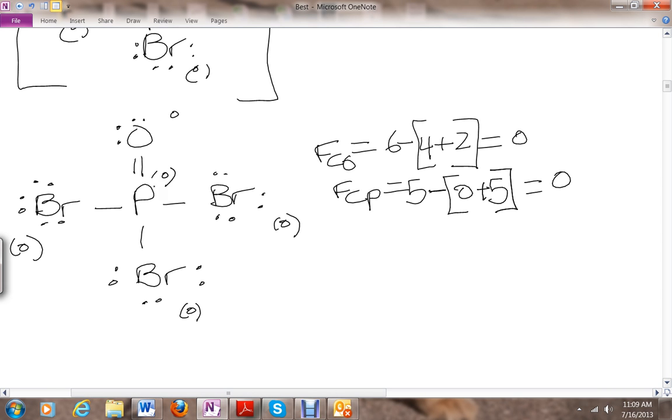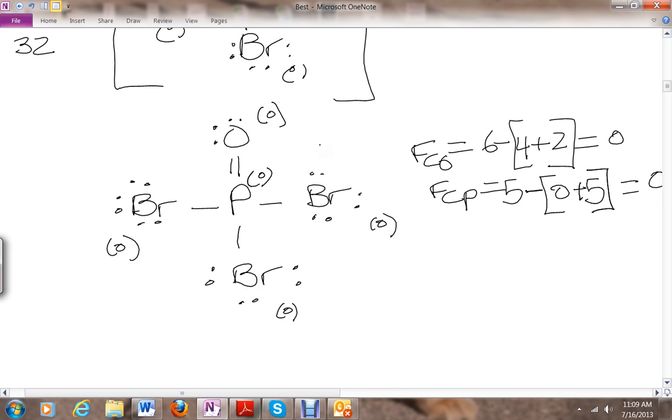Oh, this looks like a perfect Lewis structure. I wish all of them were like that. So 0 plus 0 plus 0 plus 0 plus 0, that is the total charge of the molecule.